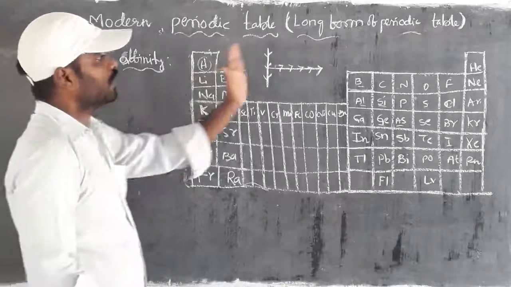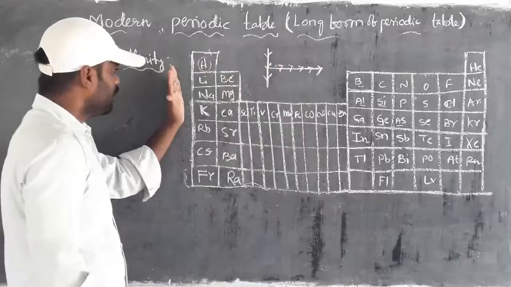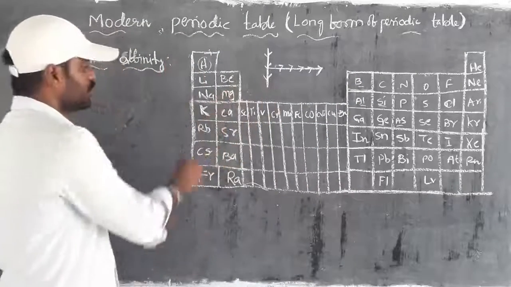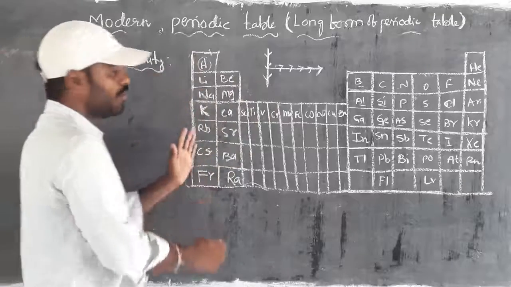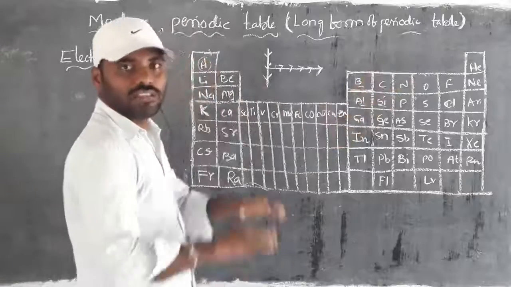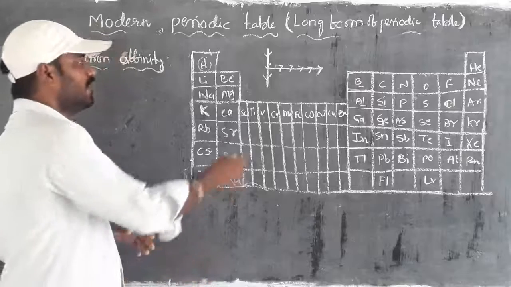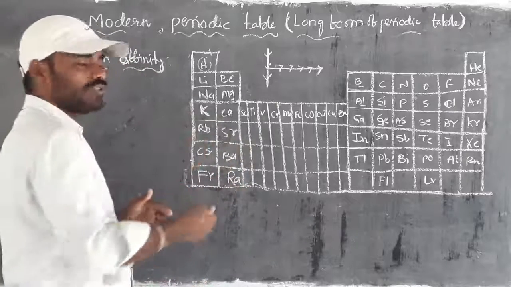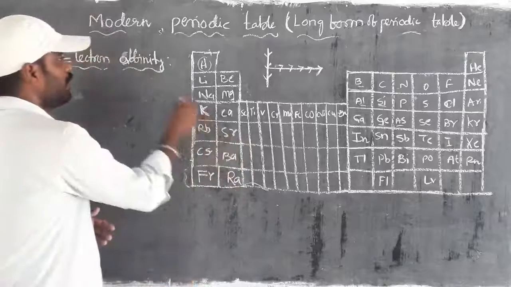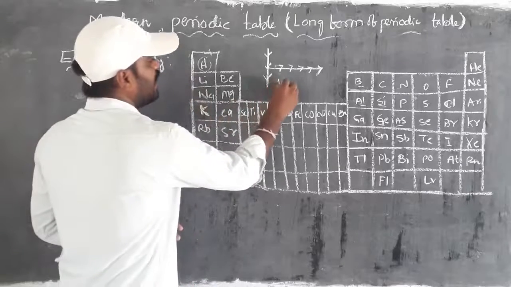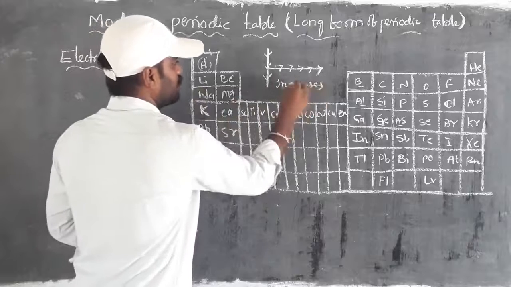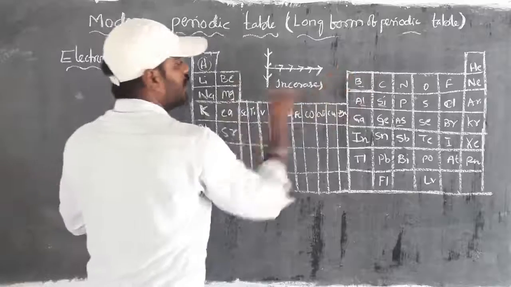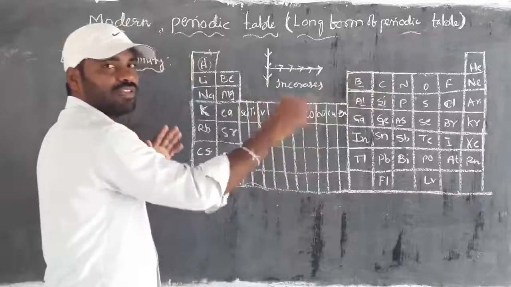If you check the periods, when you are moving from left to right, we already discussed that the atomic size decreases. On the left side the atomic size is bigger, and as you move to the right side the atomic size decreases. Based on atomic size, the electron affinity increases, because left side elements are metals and on the right side of the periodic table are non-metals.